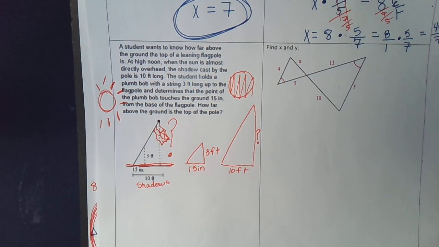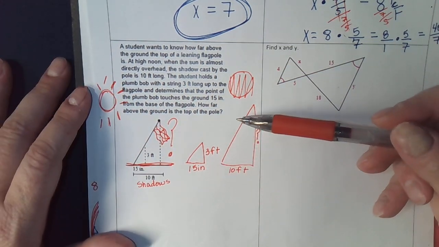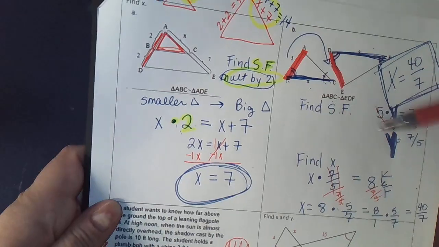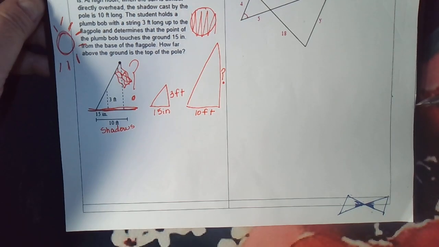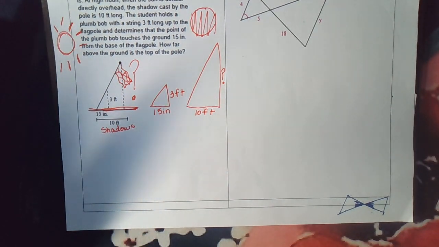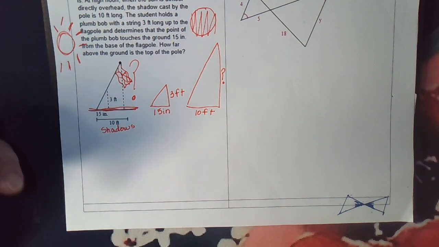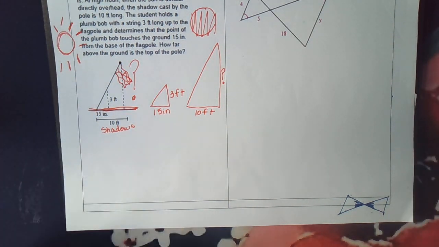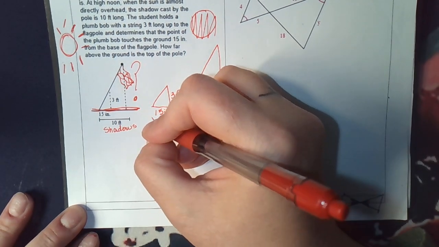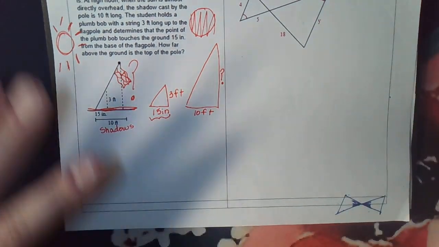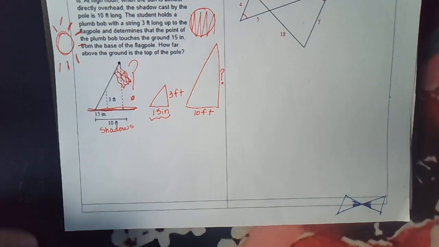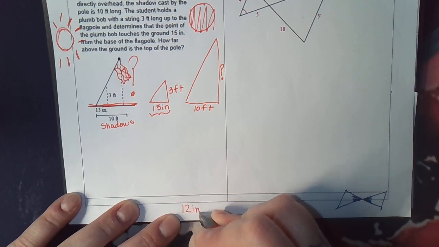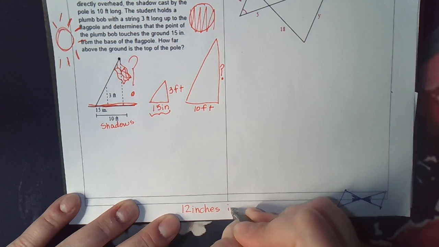The issue is these are not all inches, and they're not all feet. So before we can do the math we've been doing, we have to convert this to maybe a decimal. So let's figure out what this 15 inches is. How many inches are in a foot? 12 inches in 1 foot.